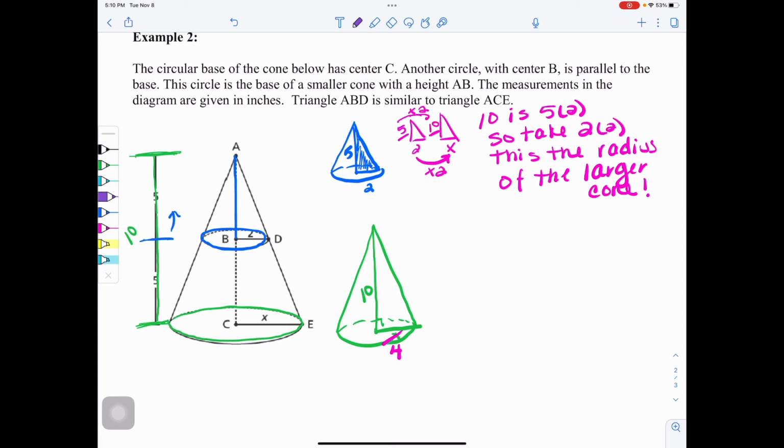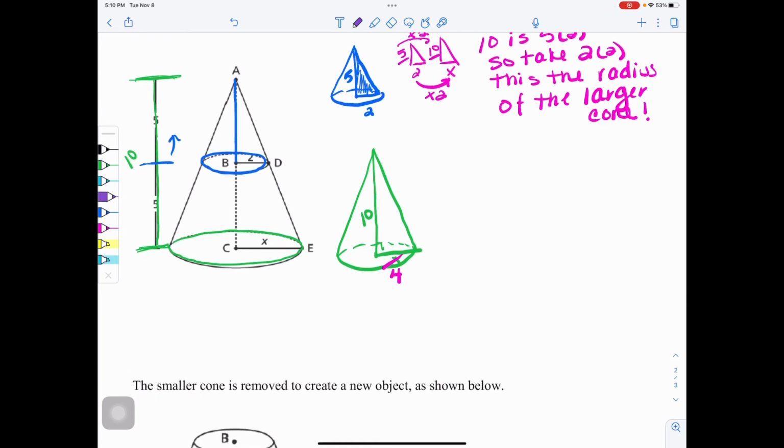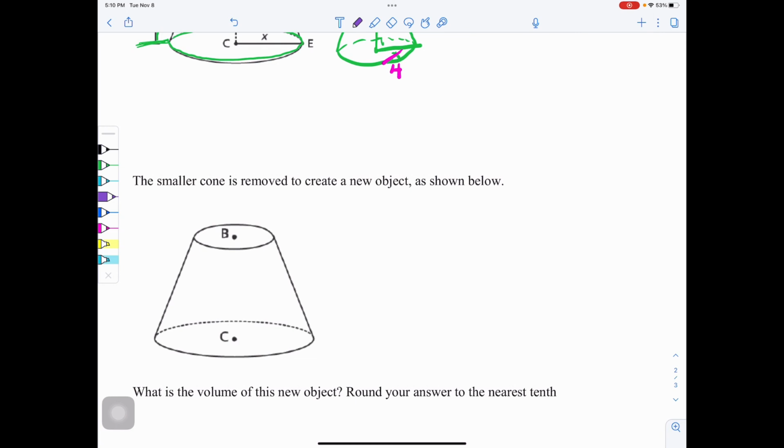So moving on, I'm going to go down underneath, and it says the smaller cone is removed to create a new object. So we're going to take a look at this picture and see what happened. Well, it looks like if you compare the two pictures, the top cone was chopped off, and now you have this kind of lampshade looking figure.